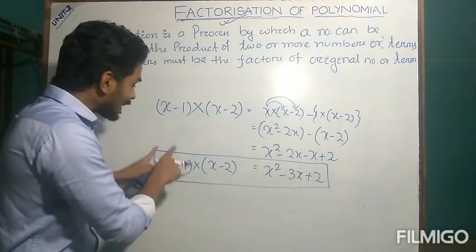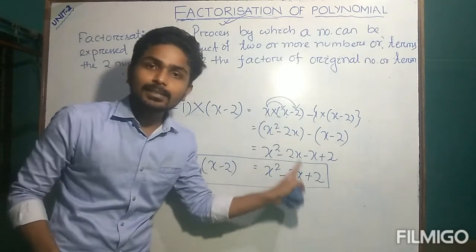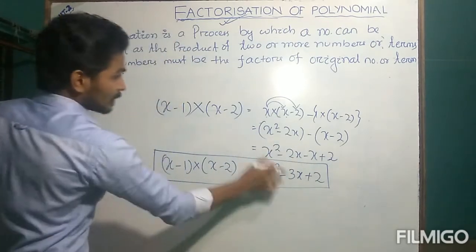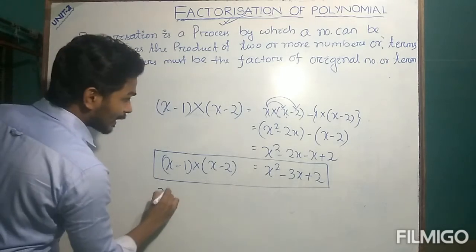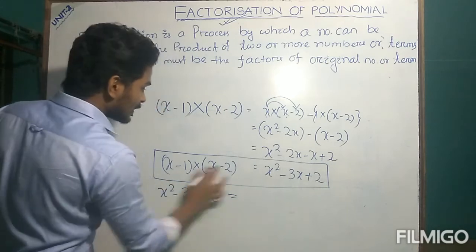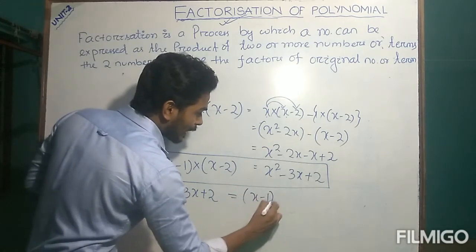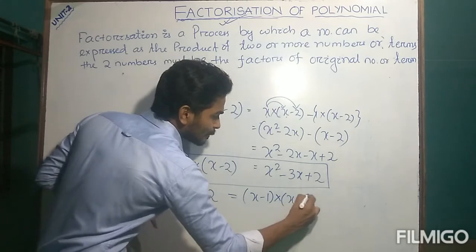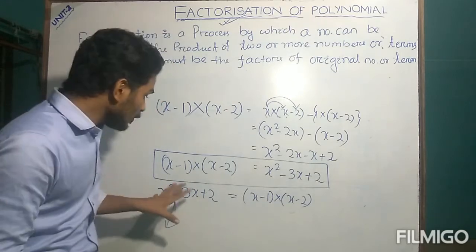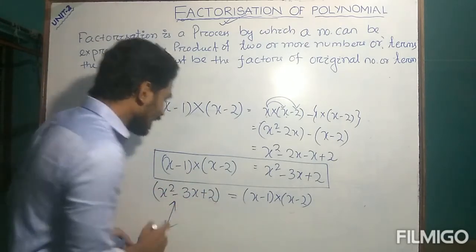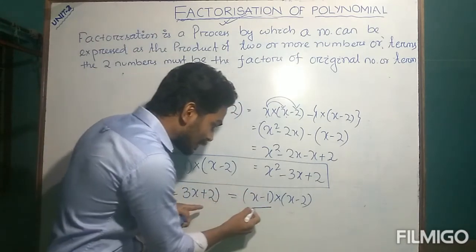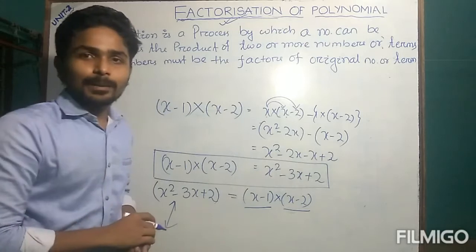So we get x minus 1 into x minus 2 is equal to x square minus 3x plus 2. Let us write it in the converse way: x square minus 3x plus 2 is equal to x minus 1 into x minus 2. Now look at this polynomial. It can be expressed as the product of this polynomial and this polynomial.